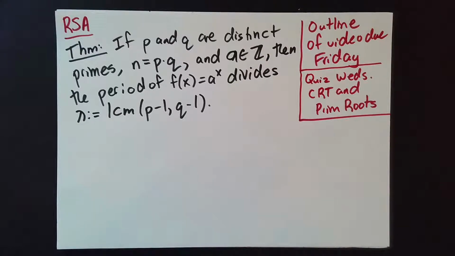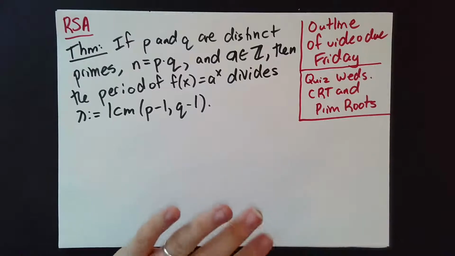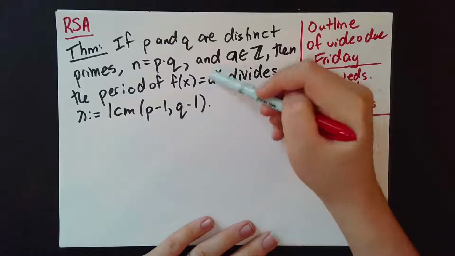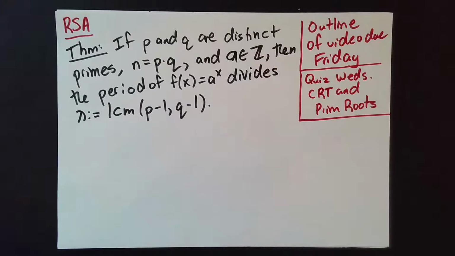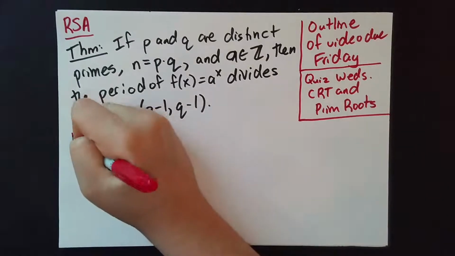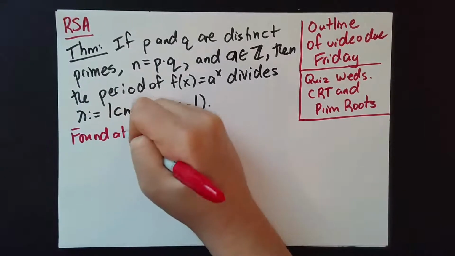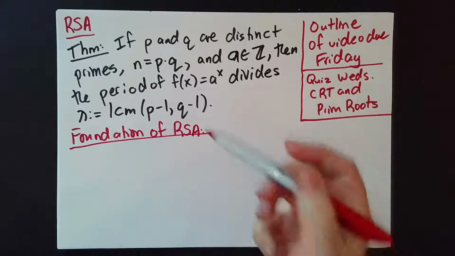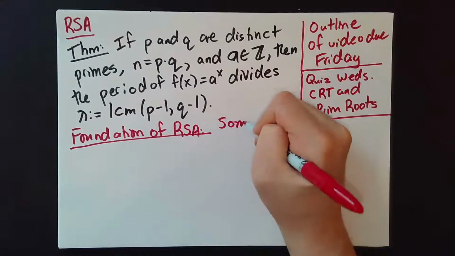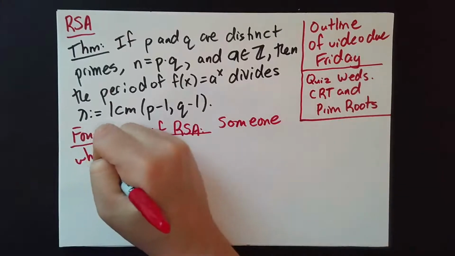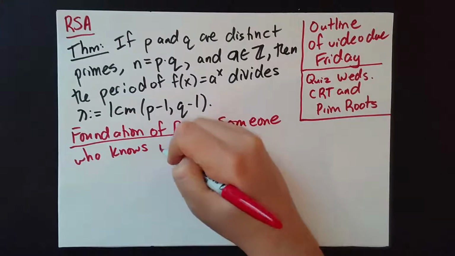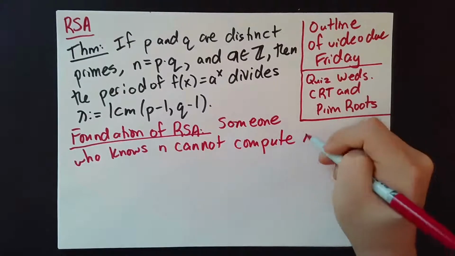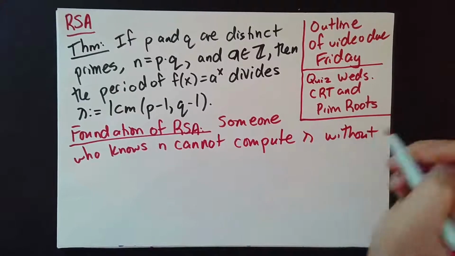So this is, again, I'll remind you, an analog of Fermat's little theorem, which just told us about what's happening mod primes. And so the foundation of RSA is, in summary, someone who knows n can't compute lambda without first factoring n.